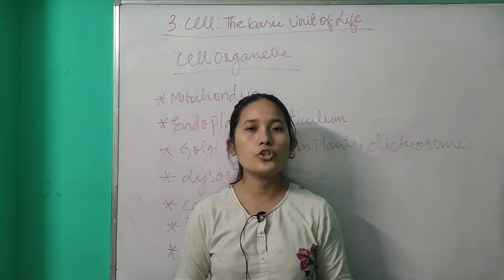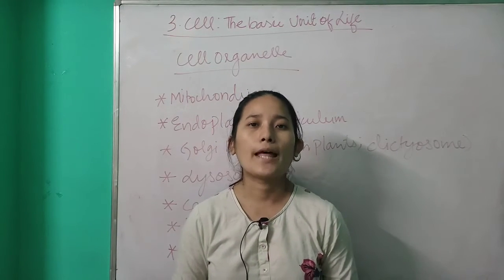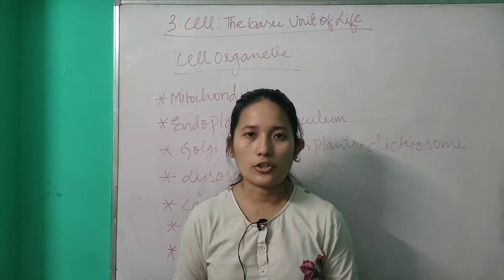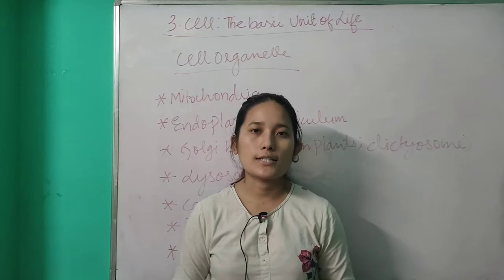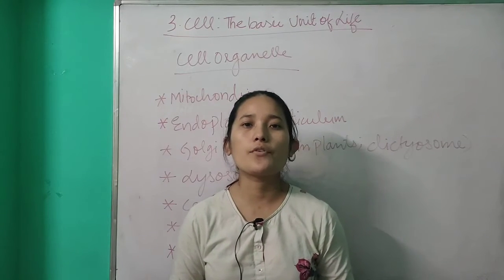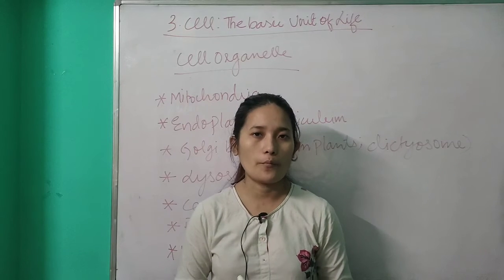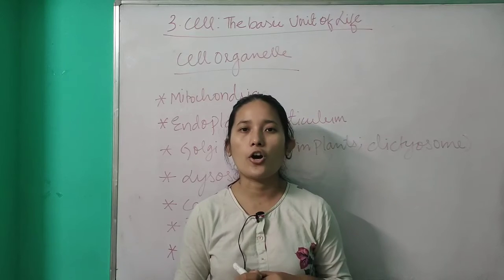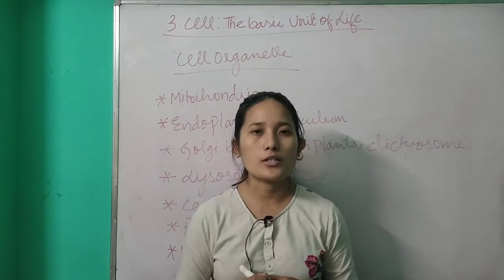Like I told you in your previous class too, cell organelles are small organ-like structures present in a cell which have a specific shape and a specific function to perform. They are just like the organs in a human body, which perform specific functions.